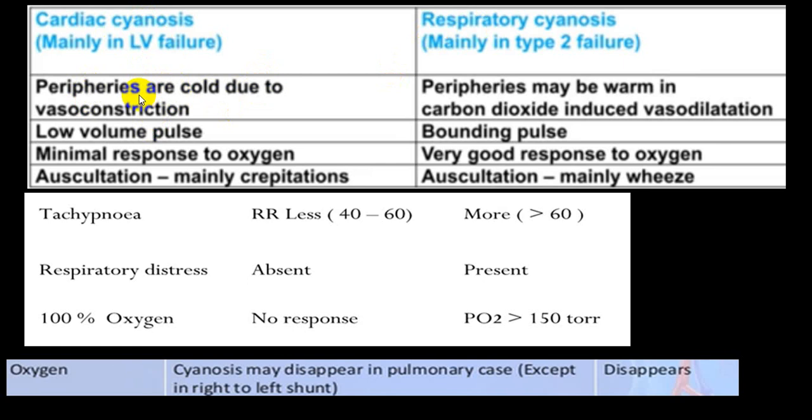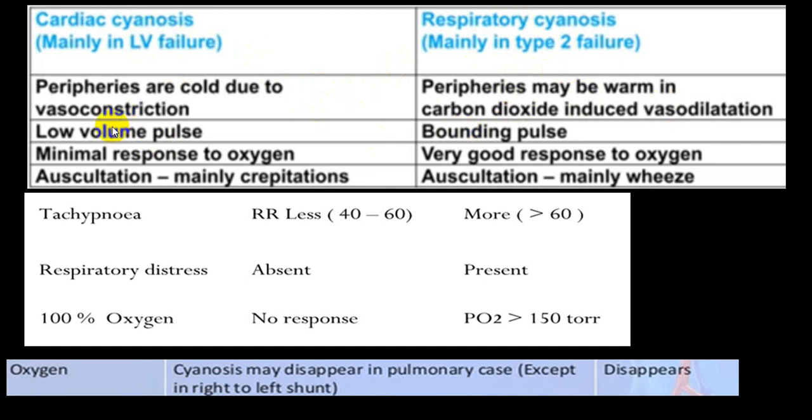While in respiratory cyanosis the peripheries are warm, as carbon dioxide accumulation will produce peripheral vasodilatation. So extremities are usually warm. In cardiac there will be a low volume pulse, while in respiratory there will be a bounding pulse.